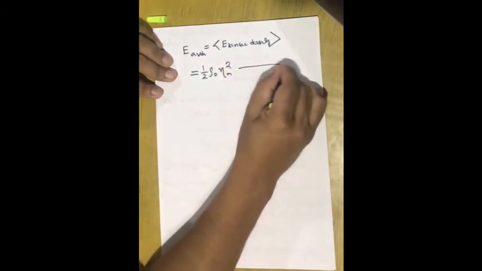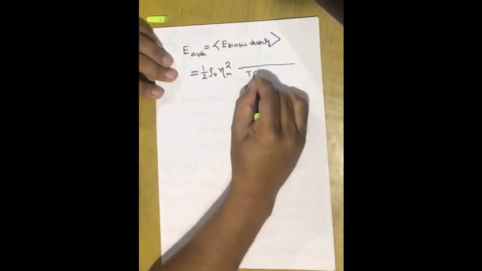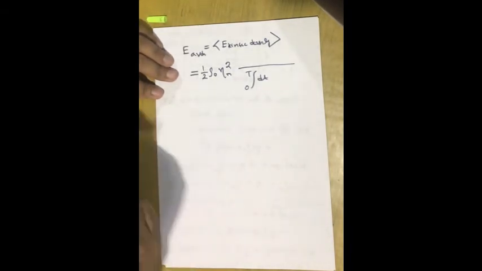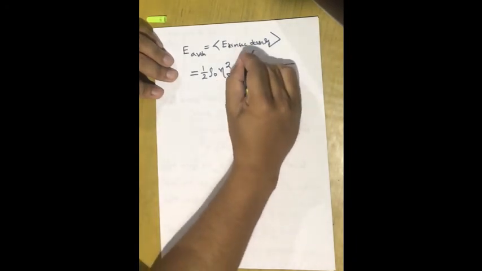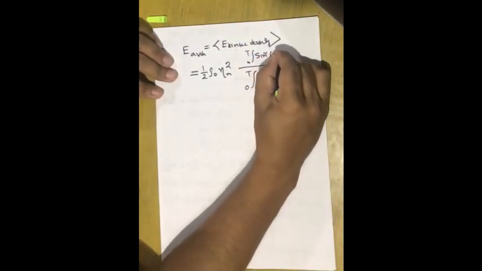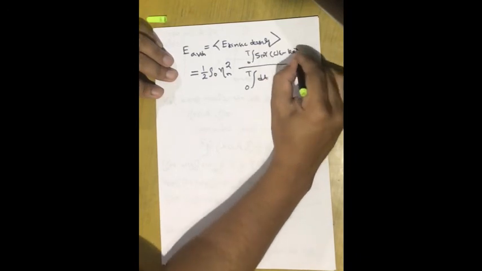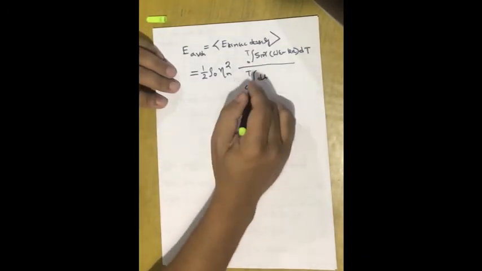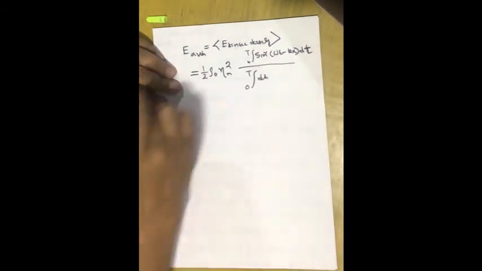The time period is from 0 to T, because if we want to take the average, we have to divide by the whole time period. So 0 to T of sine square (omega t minus kx) into dt. Sorry, this is small t, 0 to T.